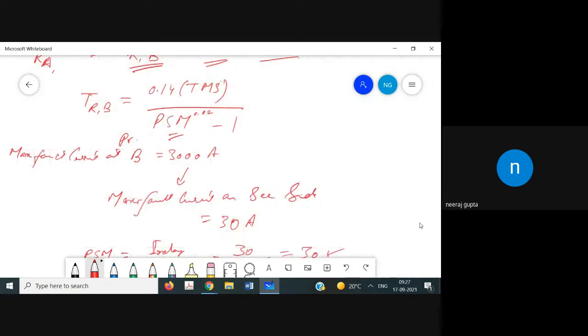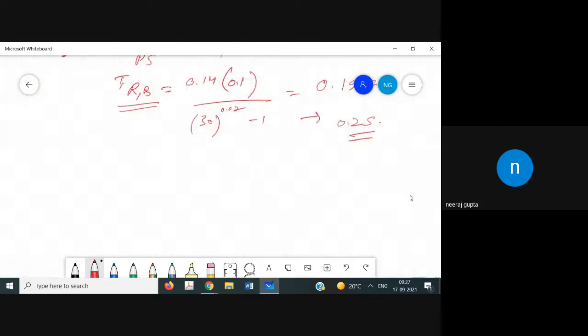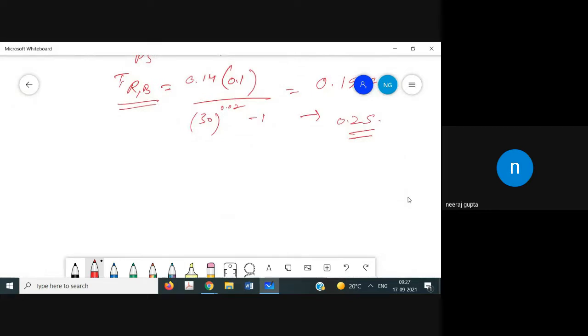So let us assume the circuit breaker time of B equals 0.5 seconds.